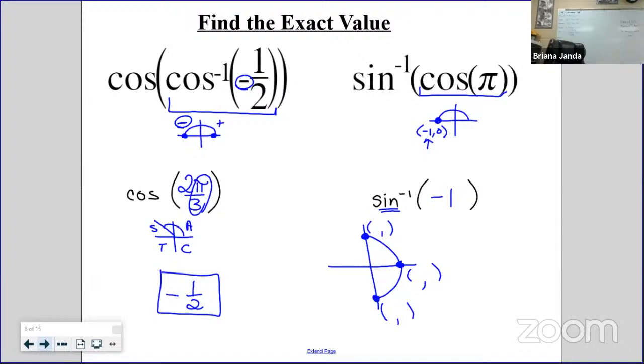So our second number in each of those would be 0, 1, 1, 0, and 0, negative 1. And we're looking for the one that had an answer of negative 1. Sine has a value of negative 1 down here. And in our inverse trig, we think of that as an angle of negative pi over 2. So our answer to the inverse sine of negative 1 would be negative pi over 2.